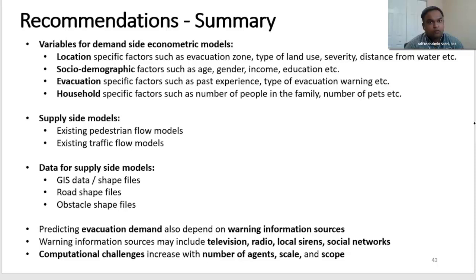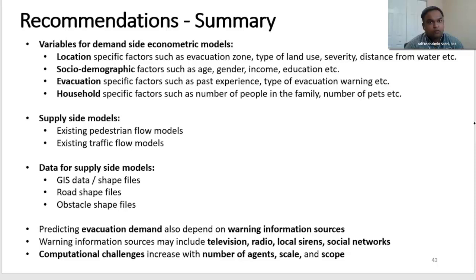And also my evacuation decision depends on evacuation-specific factors: past experience, type of evacuation warning. So again, here the agencies play a role. If you are providing a mandatory evacuation order, your assumption is that more people will evacuate. But you may not want to evacuate all of the people together. There is a terminology called staged evacuation.